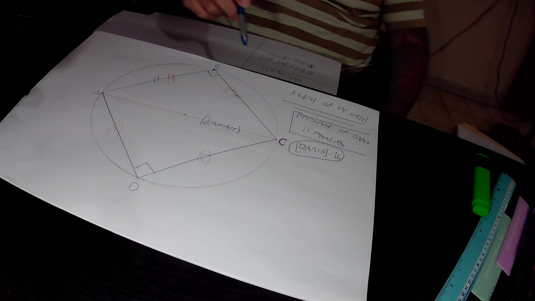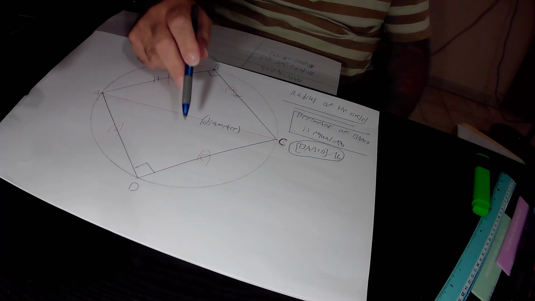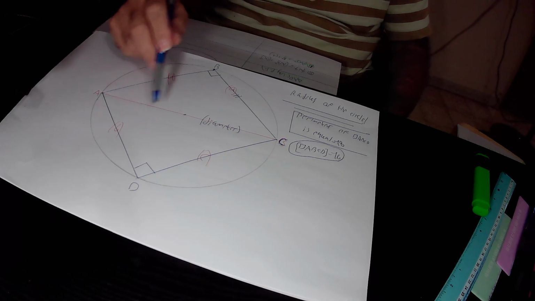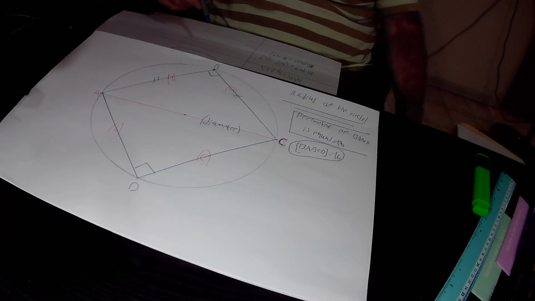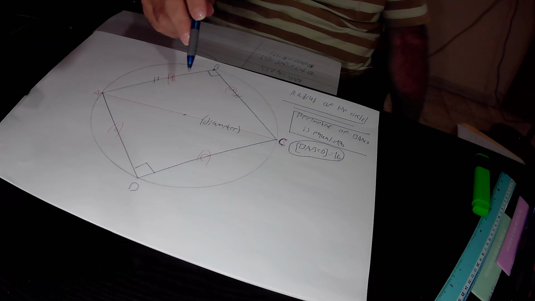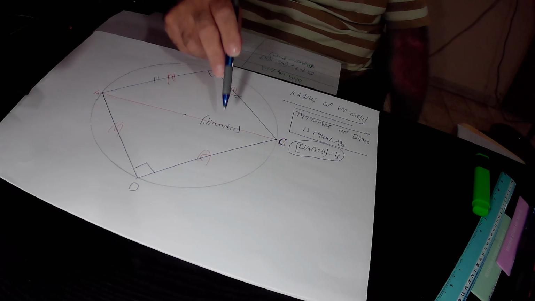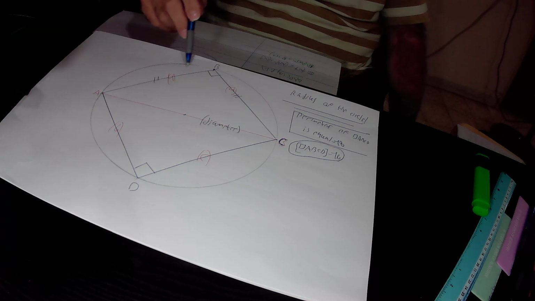AB is A, BC is A, CD is C, and AD is B. So in total, AB plus BC plus CD plus DA will be equal to A plus A, that is 2A, plus C plus B. Again, 2A plus C plus B equals 18.